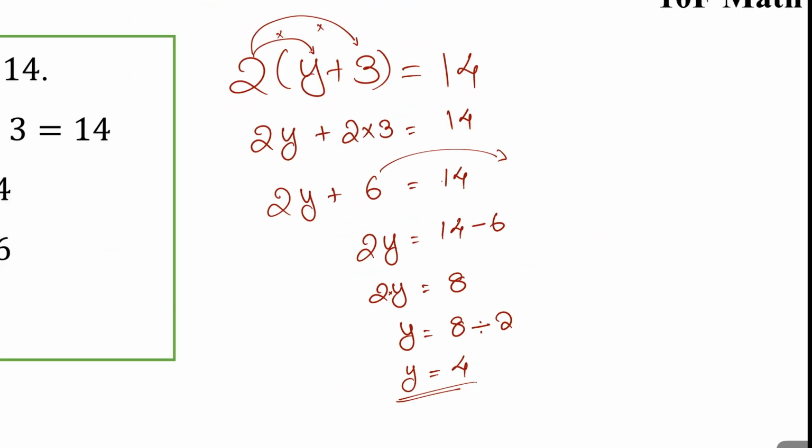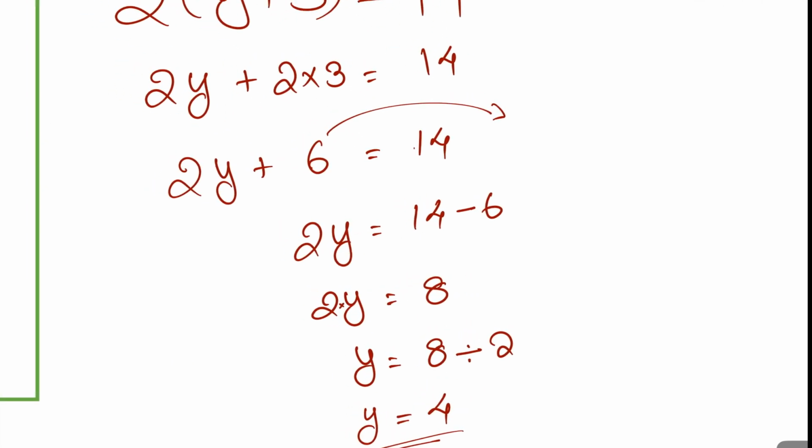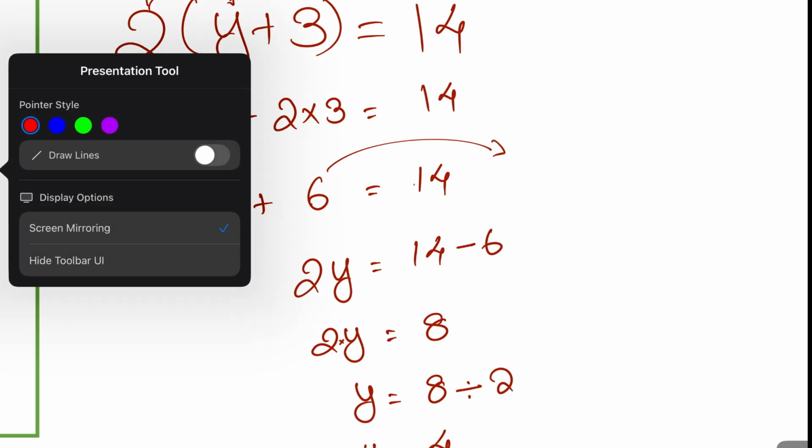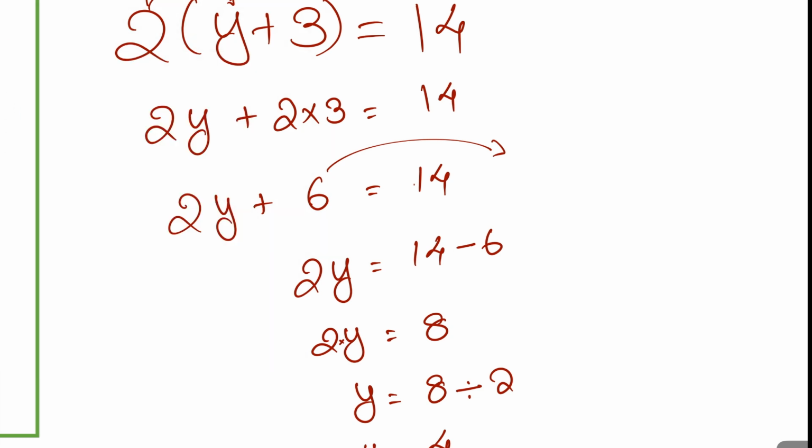Okay, so you may think that it's a long procedure, but I'm not demanding you to write down all these steps. If you want, you can skip some steps. Let's see which other steps you can skip. You can directly write down this equation from the given equation. You don't need to show me the multiplication part of 2 and 3.